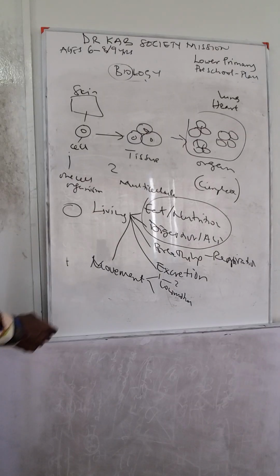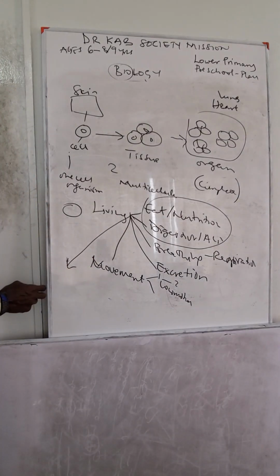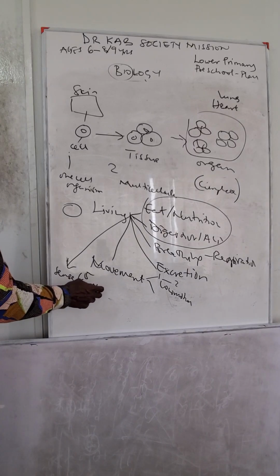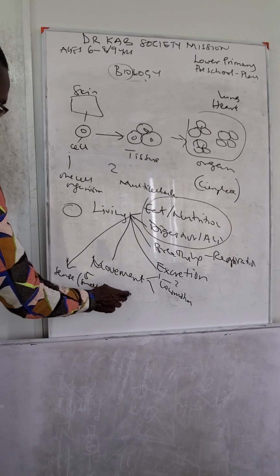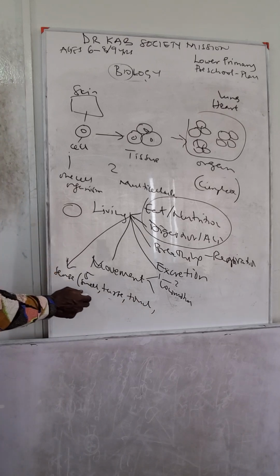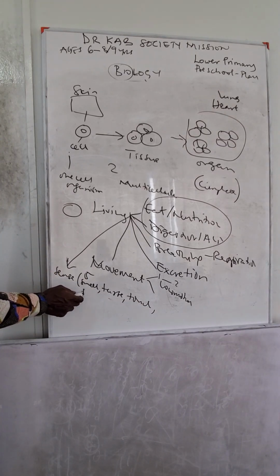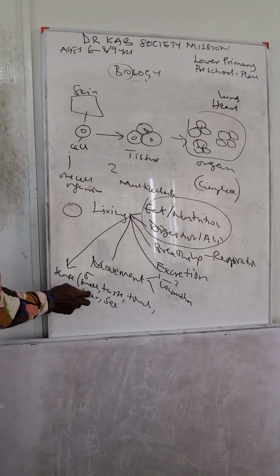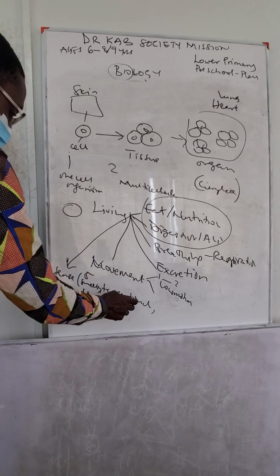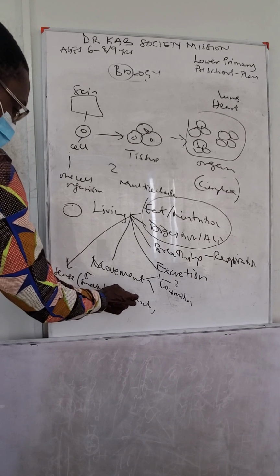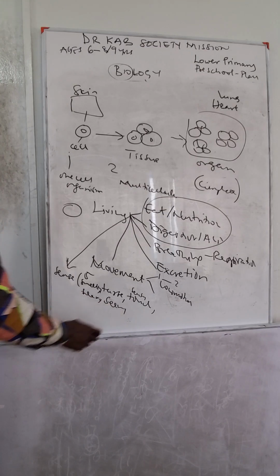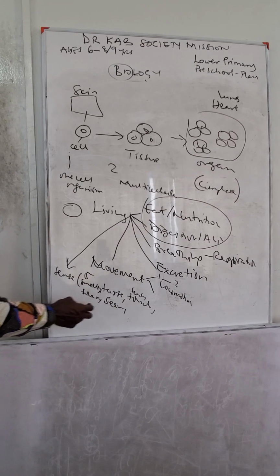Then we should have the ability to sense something. We have sense organs. We have five sense organs: smell, taste, touch, hearing and seeing.